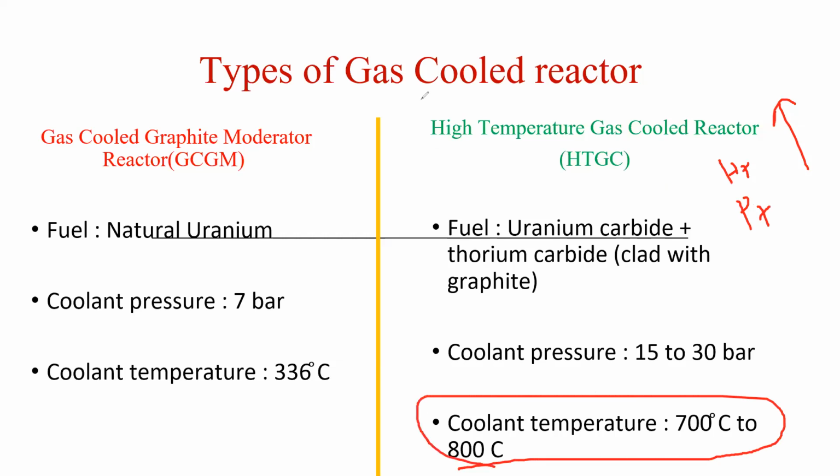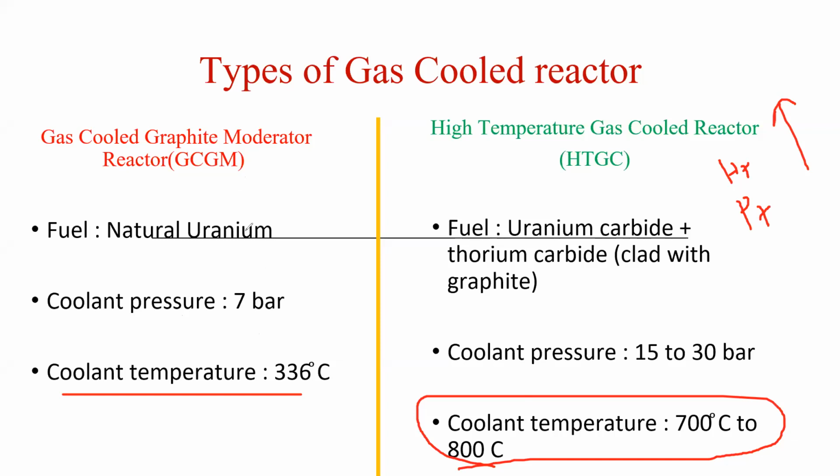A coolant temperature of 700 to 800 degrees Celsius means it requires high maintenance; to maintain the high pressure we require high maintenance. But here we use 336 degrees Celsius. It is quite high, but less than the high temperature gas cooled reactor. So this is the difference.